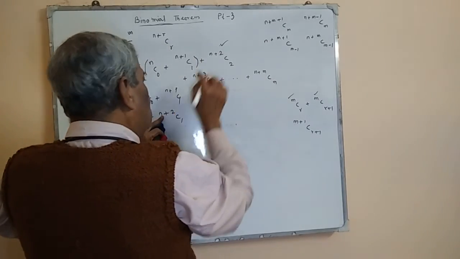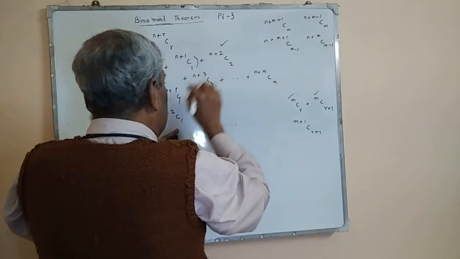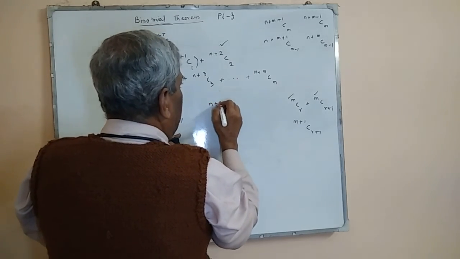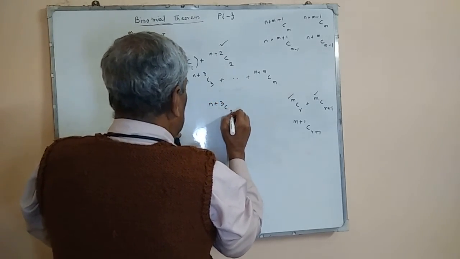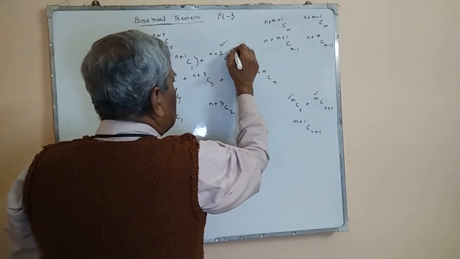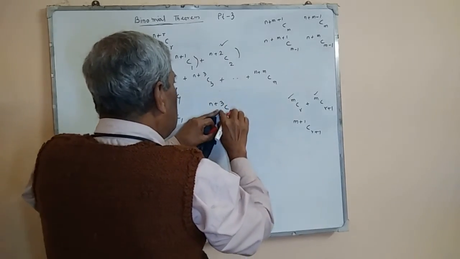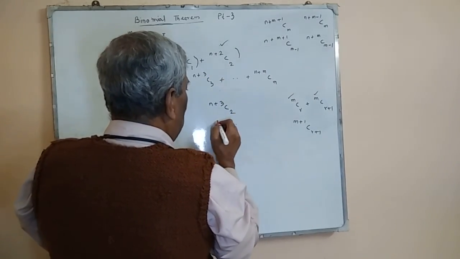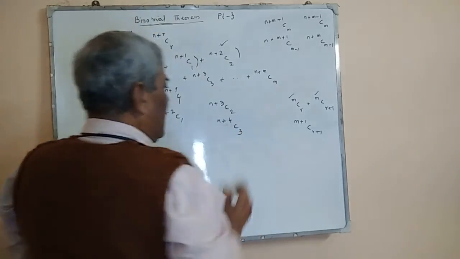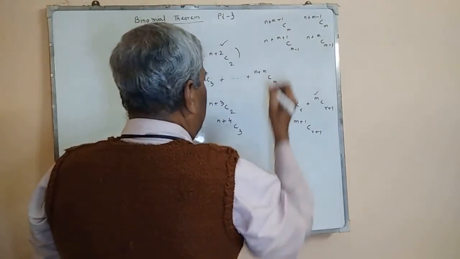Both are n plus 2, C 1 and C 2, so this result is n plus 3 C 2. So I add up to this. The next term is this, so this plus that is equal to n plus 4 C 3. Now continue this process till the last term.